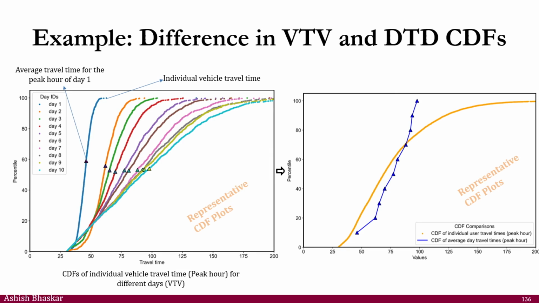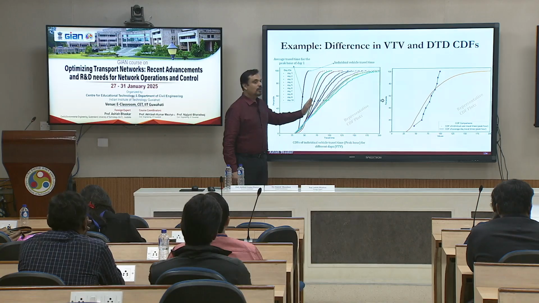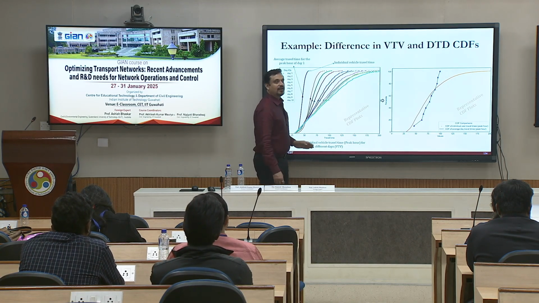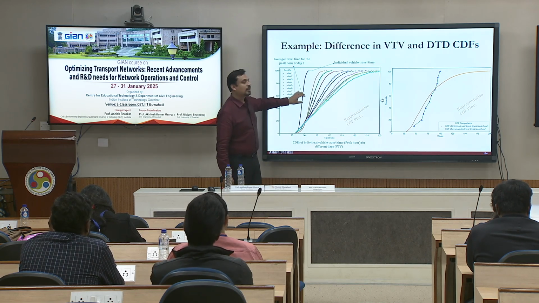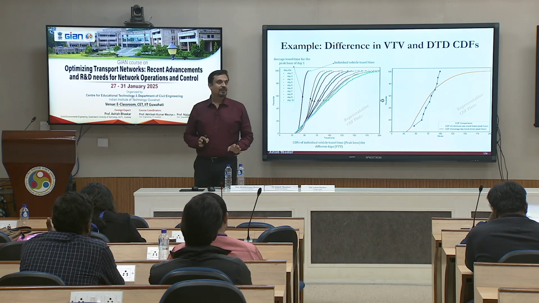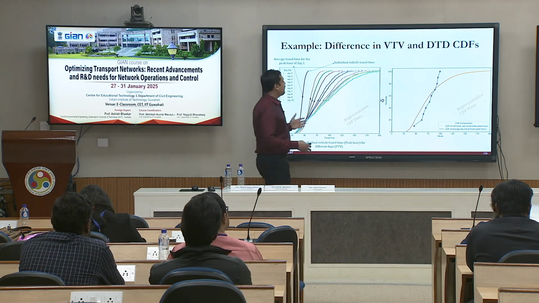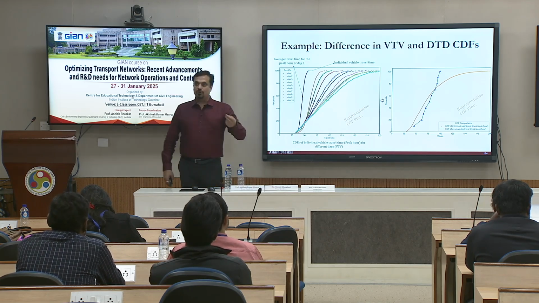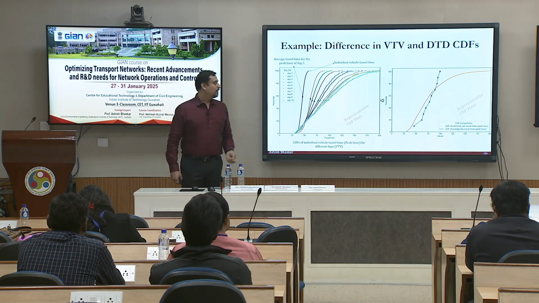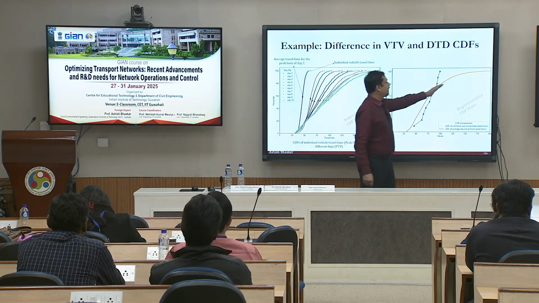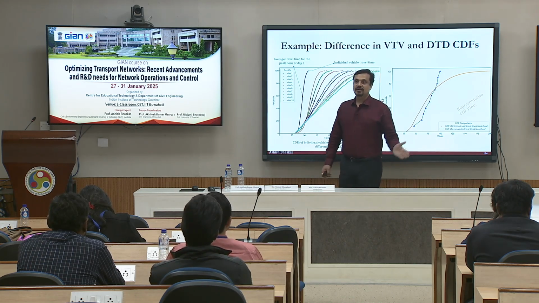If I say this is a representative for that day, then the distribution of this one is representing day-to-day variations, whereas with the whole data set, it can happen that one day you have more data and another day you have less data, which has some bias attached to it. But generally you will never have too much data for a single day if you are using, let us say, Bluetooth or vehicle trajectories. You might consider all of them to generate your plot, but be consistent in your before-after analysis.